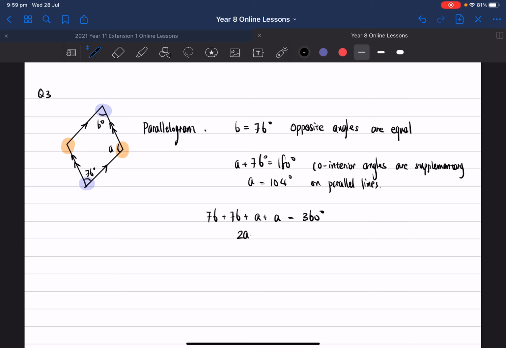So 2A is equal to 360 minus 76 minus 76. So 2A is equal to 208 after you do the calculation, and A is equal to 104. That's another way you can do it, by using the property that the angle sum of a quadrilateral is equal to 360 degrees.